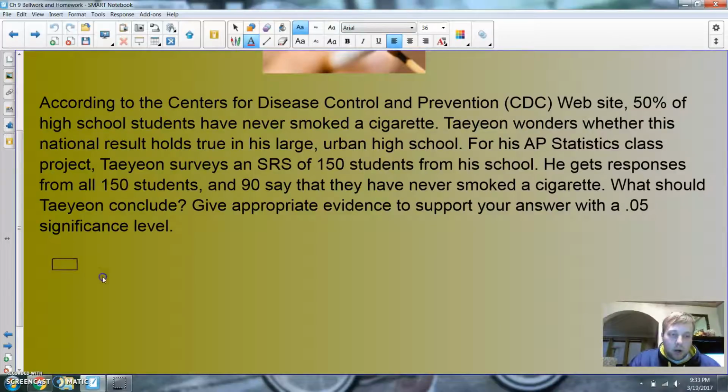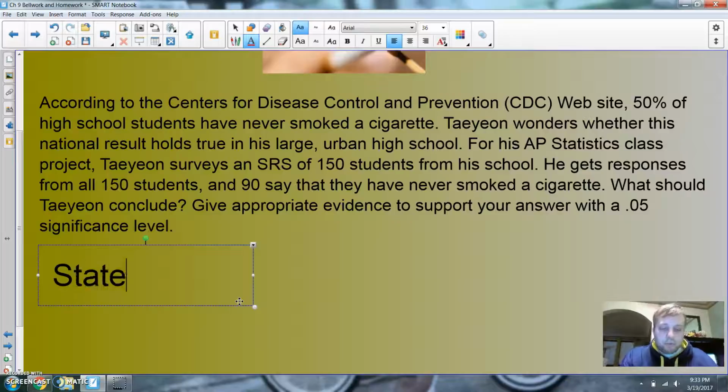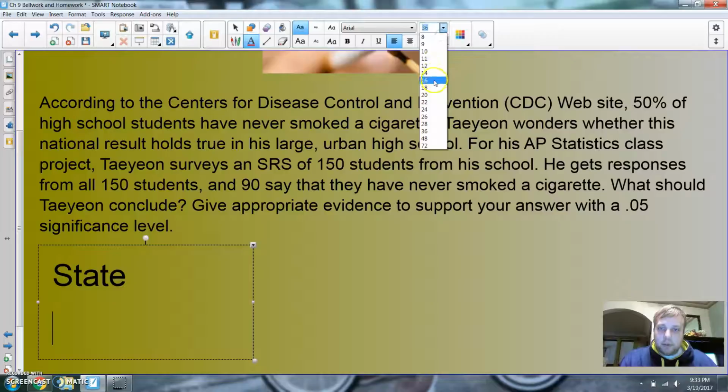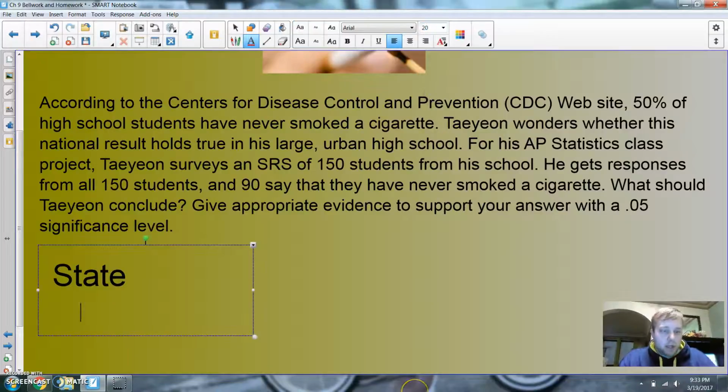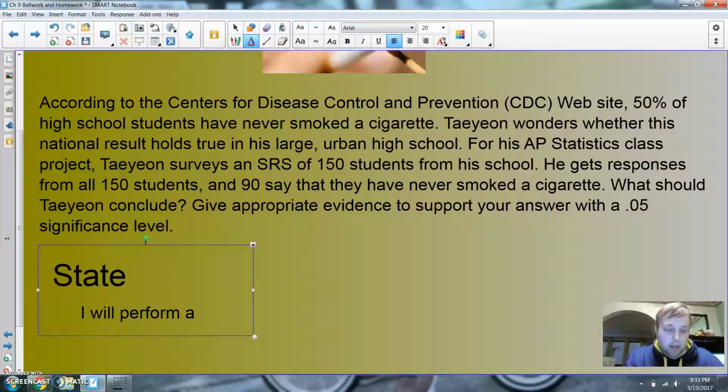So we're going to do all four steps. So, state. I will perform a significance test.